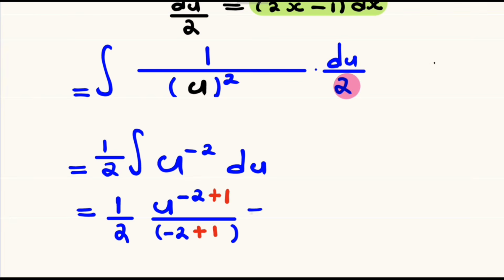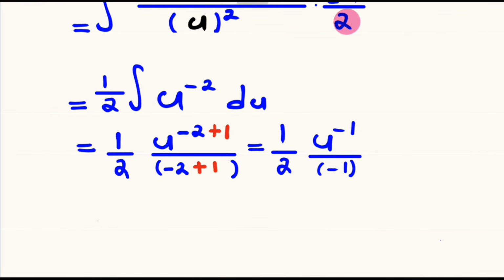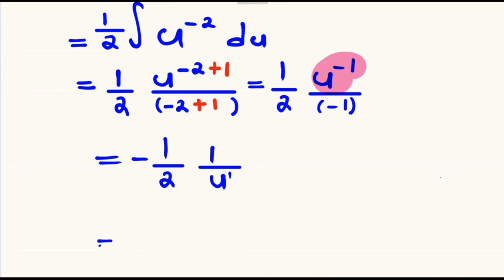This will be equal to 1 over 2 multiplied by u to the power negative 2 plus 1, which is negative 1, divided by negative 2 plus 1, which is negative 1. And from here, we have that negative half. We move that u to the power negative 1 from the numerator to the denominator, and the exponent will change sign to positive 1. And from here, we have negative 1 over 2.